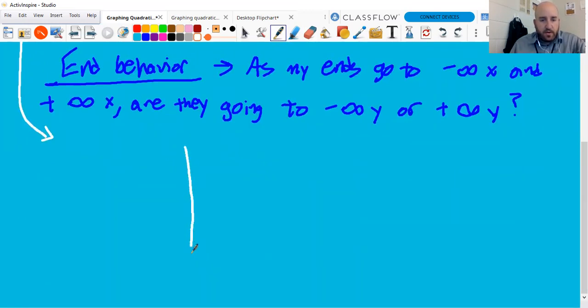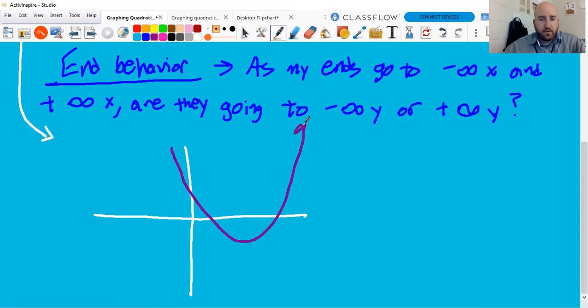So here's my graph, okay? I'm going to draw in a parabola. All right. So what this is telling me is, as I'm reading my graph from left to right, from negative infinity x to positive infinity x, I want to hit my graph.